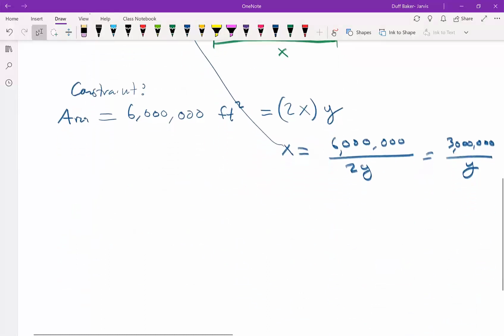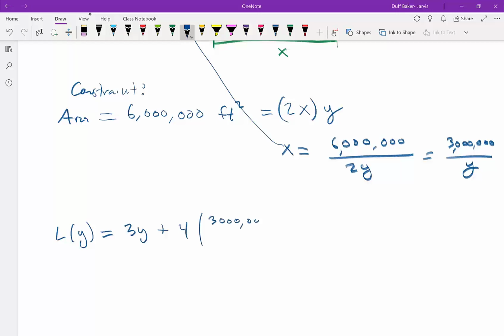So that'll tell us that our L, in terms of just one variable now, just the variable y, it was 3y plus 4x, and x is this thing. Right? So let's just simplify that.